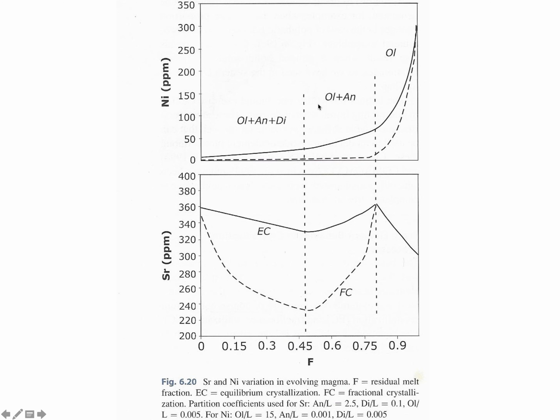It goes down when we have a mixture of olivine and anorthite, and then further down when we have a mixture of olivine, anorthite and diopside, because the anorthite and the diopside do not take nickel into the crystal lattice, but the olivine does.